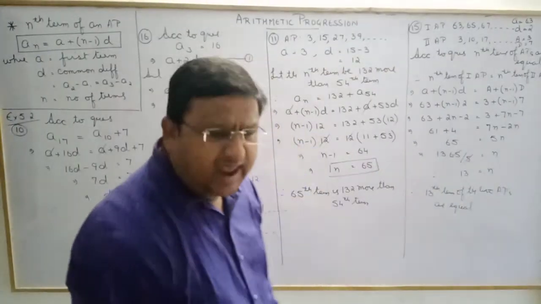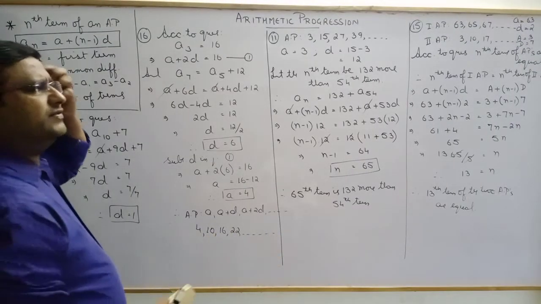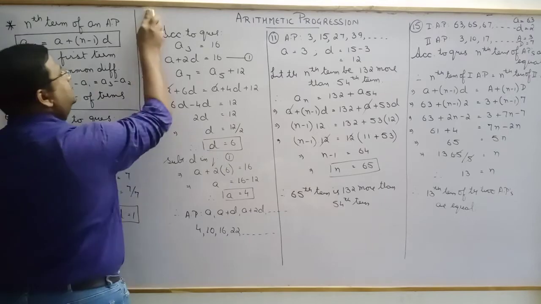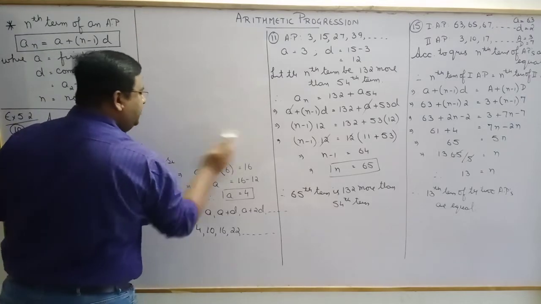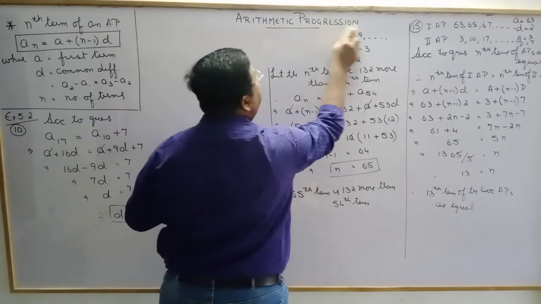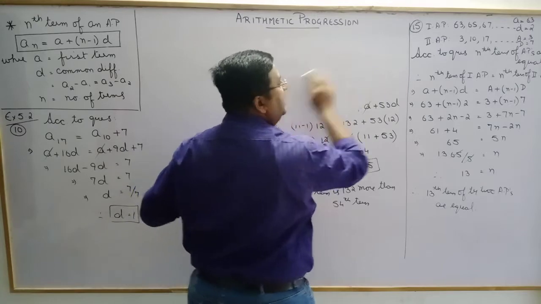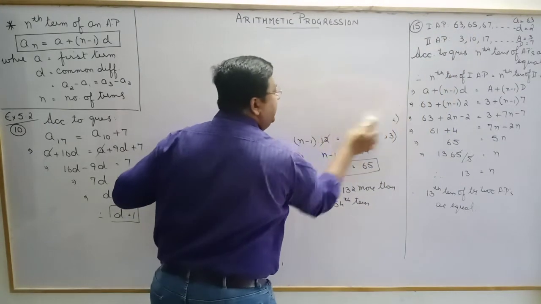Same condition, he's talking about D. 12th question. Two APs have the same common difference. Again, it is a two AP question, but here he says that the common difference is the same. As in the earlier case, two APs were there, but their first term and common difference were different.